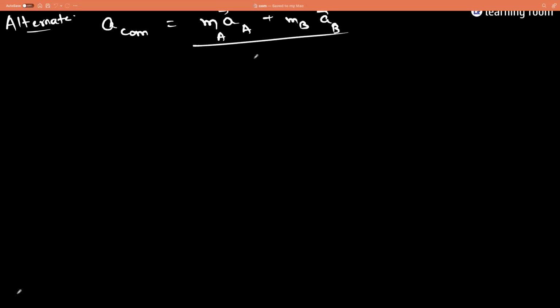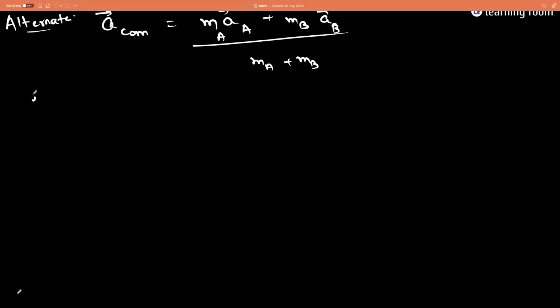Now see the alternate method to solve the same problem. So the alternate method is: acceleration of center of mass is equal to mass of A into acceleration of A vector plus mass of B into acceleration of B vector, divided by the mass of A plus mass of B. Right.